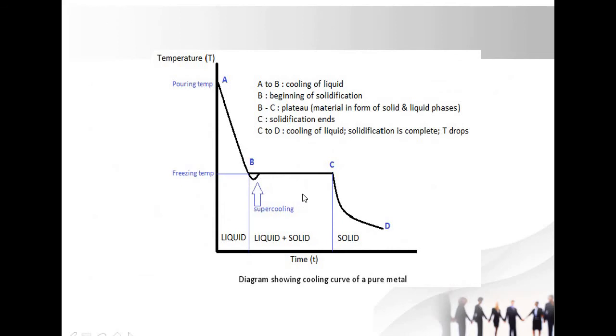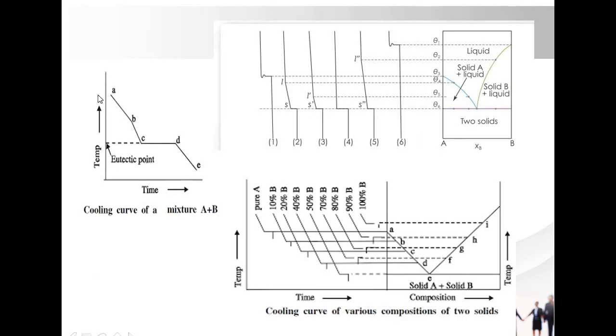Can you notice the difference between this one and this one. See, here there is a drop and constancy and again a drop. But here there is a drop followed by another drop and then constancy and followed by drop in rate of cooling. Can you understand? Okay.